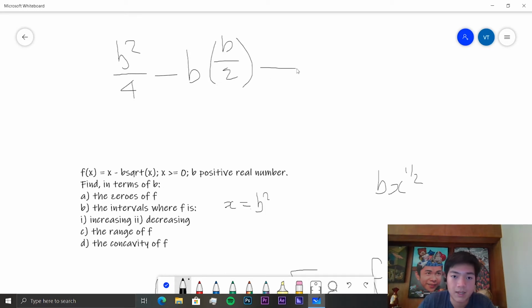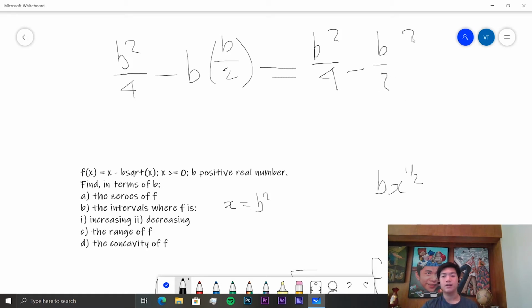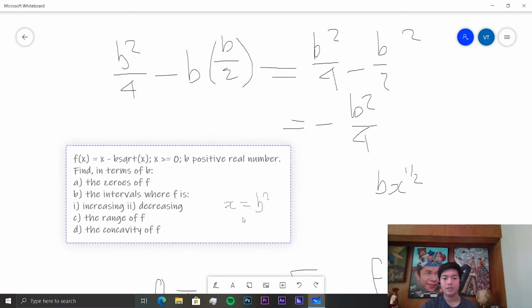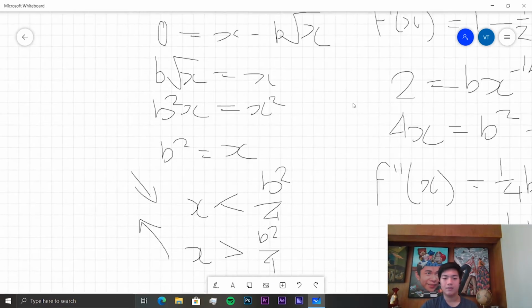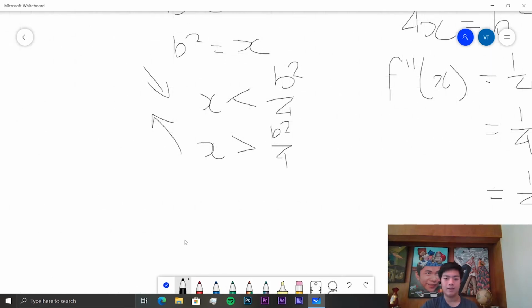And so this is equal to b squared over 4 minus b squared over 2, so this is equal to negative b squared over 4. So this will be the minimum value that f will have, and the maximum is obviously infinite. So we will have the range is y, or f of x.